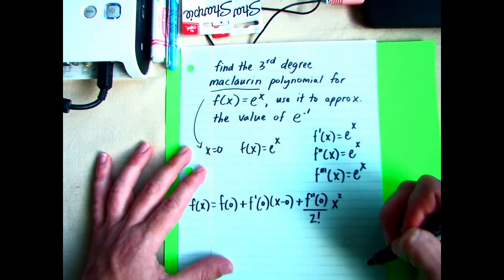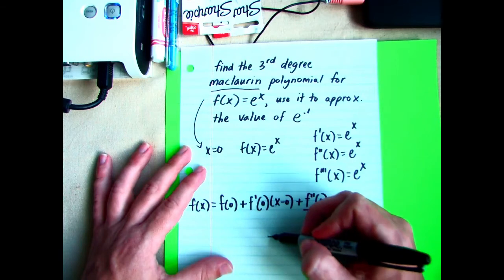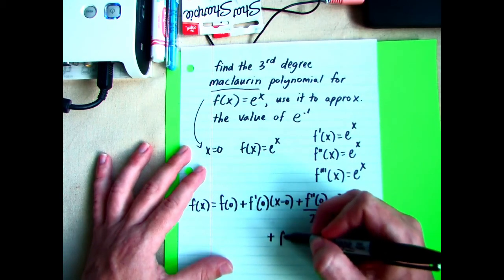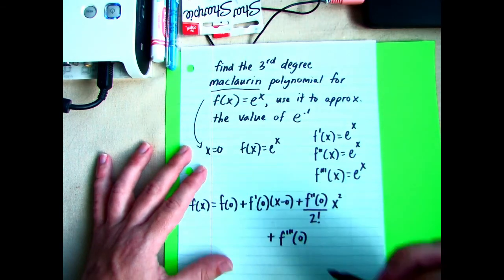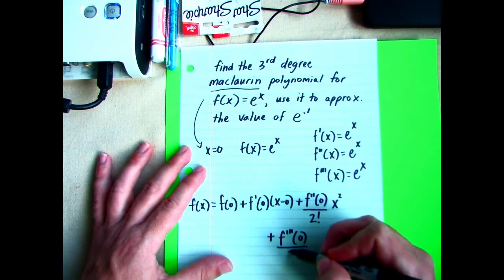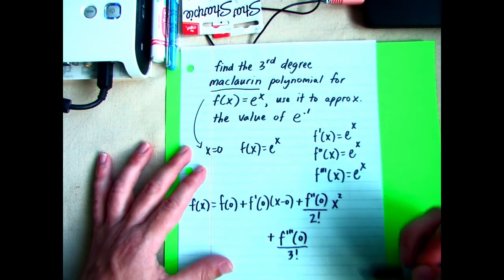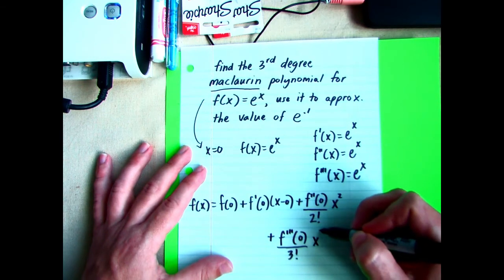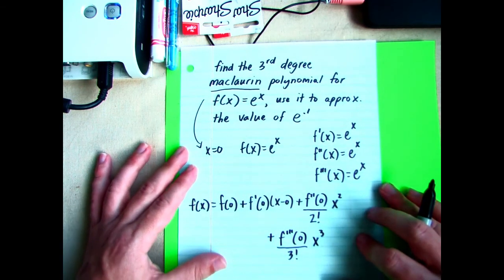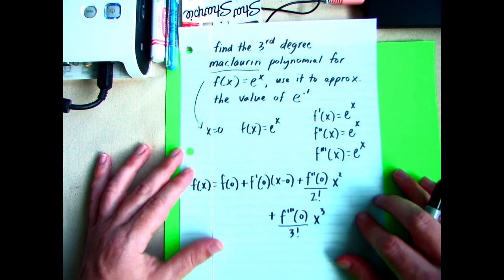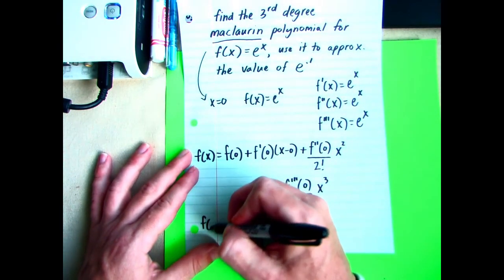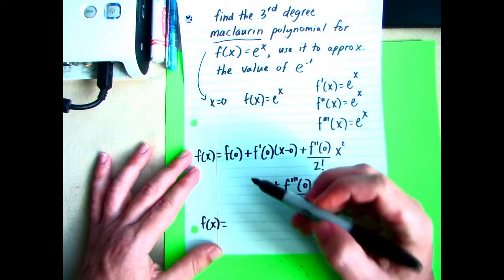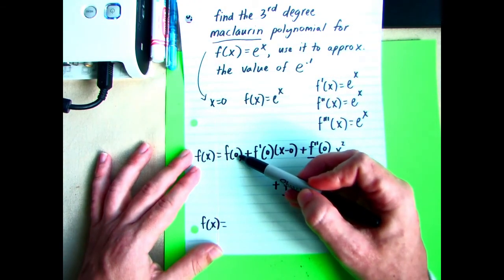I didn't write x minus 0 this time, plus f triple prime of 0 all over 3 factorial times x cubed. And again, I just didn't write x minus 0. So there is my third degree Maclaurin polynomial. Let's do some calculations here.